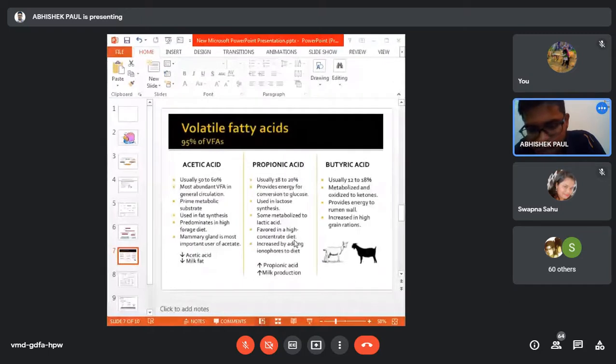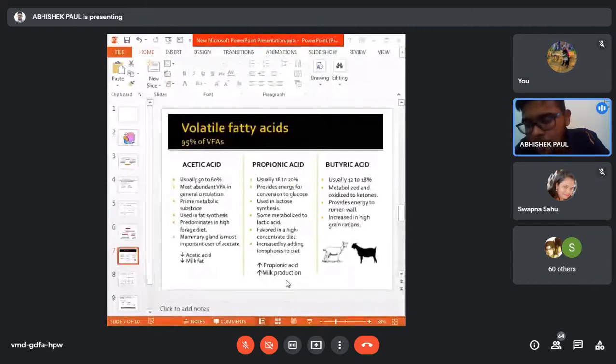If the propionic acid is increasing, the milk production increases. Suppose one cow is producing 2 liters of milk. If you provide more concentrate, the next day it will give 2.5 or 3 liters of milk. The total amount will increase. How can you increase it?